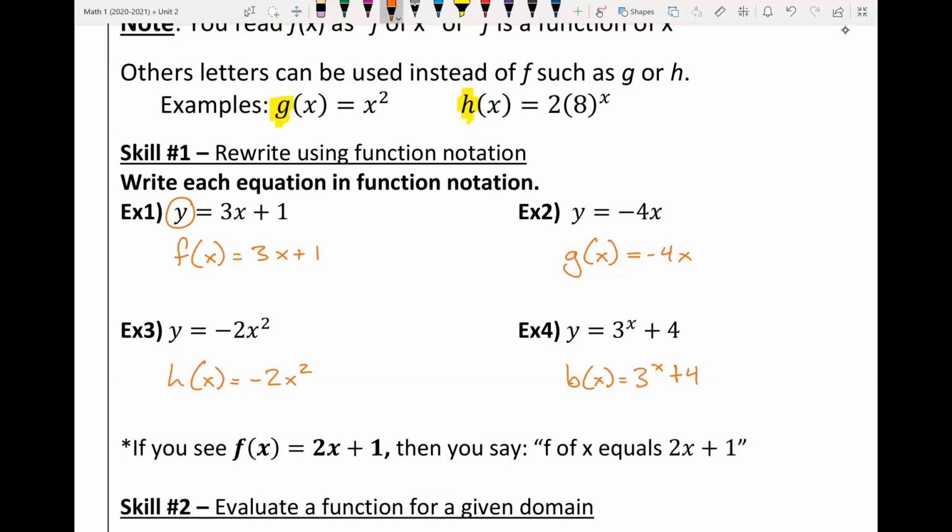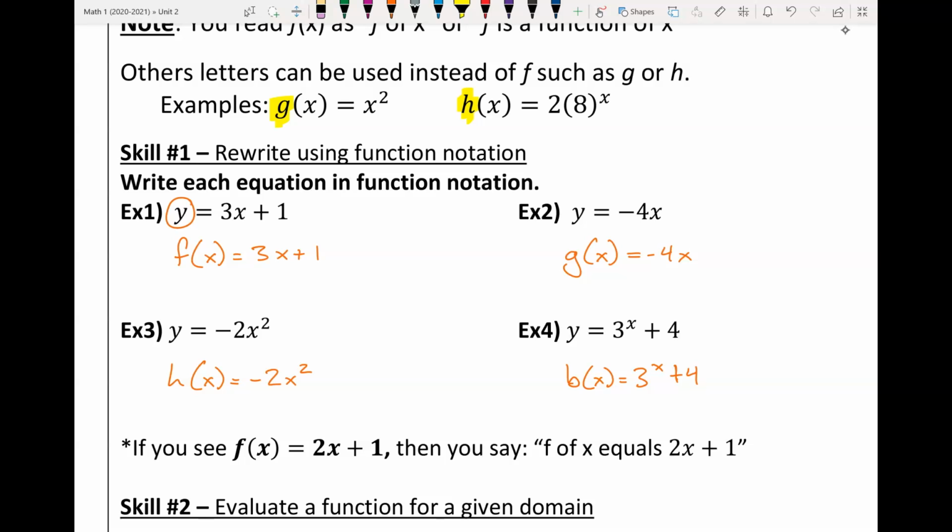So again, we can use any letter. We really don't want to use x of x, that doesn't make much sense. And x and y are the variables that we use for graphing. So pretty much any other letter could work pretty well. We have t of x, s of x, anything like that.